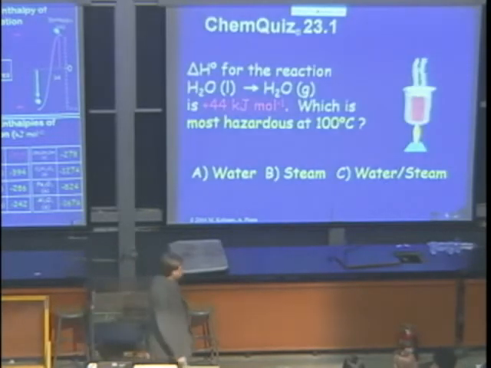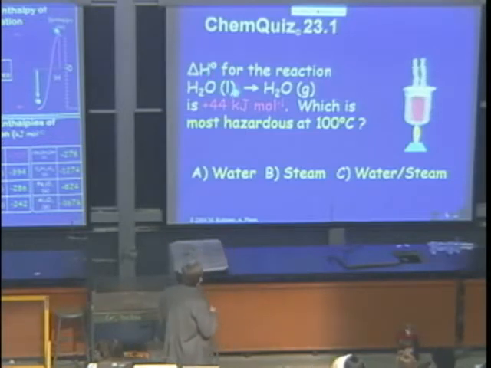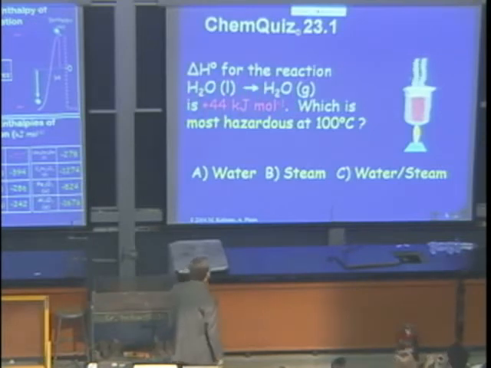So let me ask you a question. We have the reaction enthalpy change at standard state for the reaction where we have liquid water at 100 degrees going to gas at 100 degrees. And this is an endothermic process. To go from here to here, it's an endothermic process. Which is most hazardous at 100 degrees?